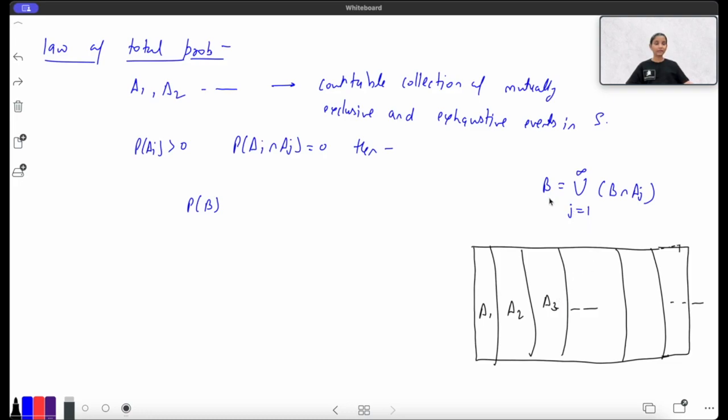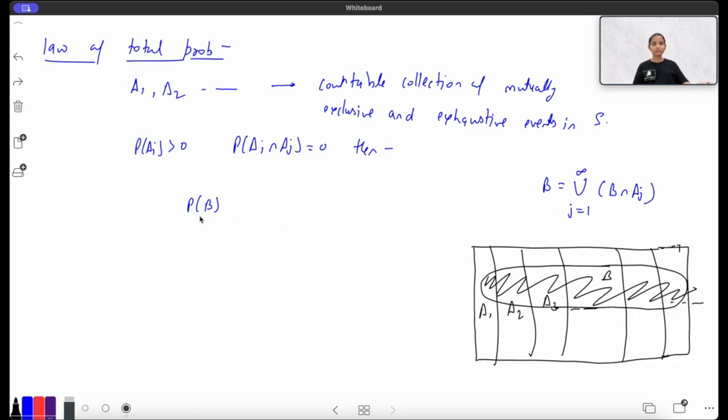And B is the simultaneous occurrence. B is the intersection with all these events. So B would be like this, happening with all these events. This is the event B. Okay, so B is the union of B intersection Aj.